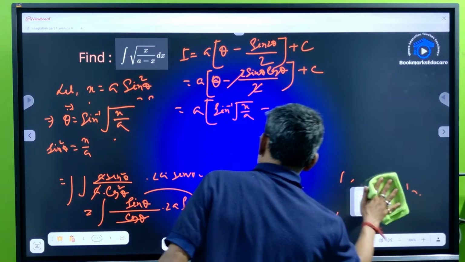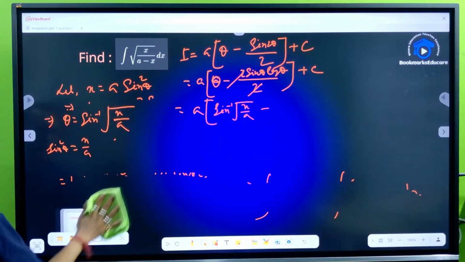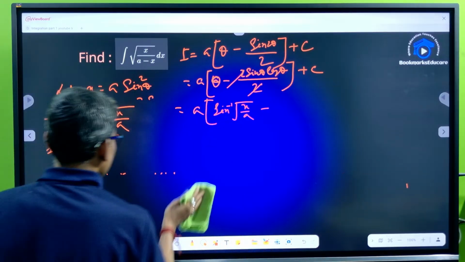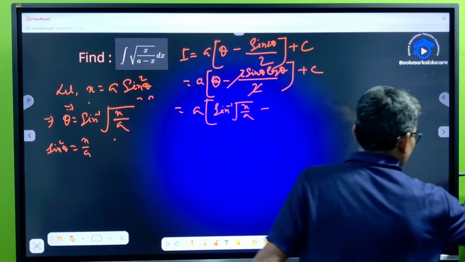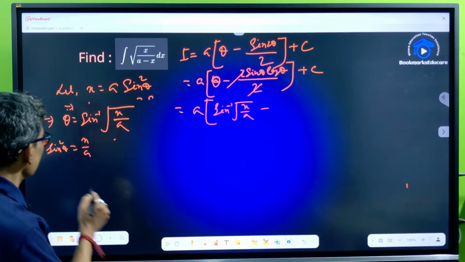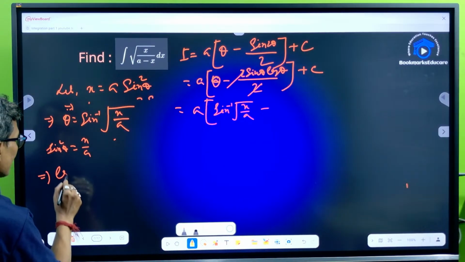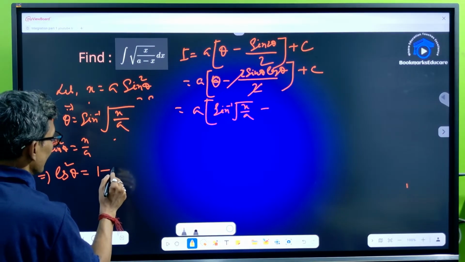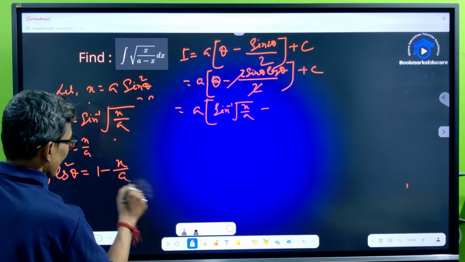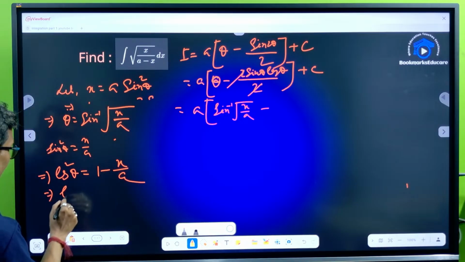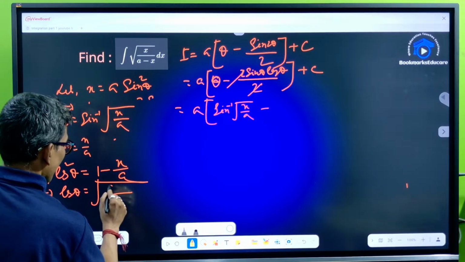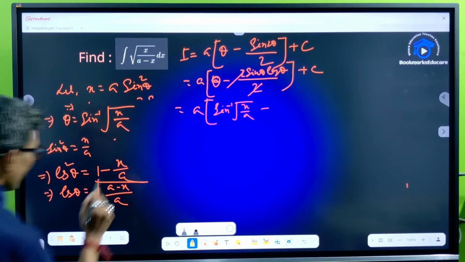So from here we can easily find out the value of cos square theta, that is cos square theta is equal to 1 minus sin square theta. So 1 minus x by a. So cos theta means root over of a minus x by a.